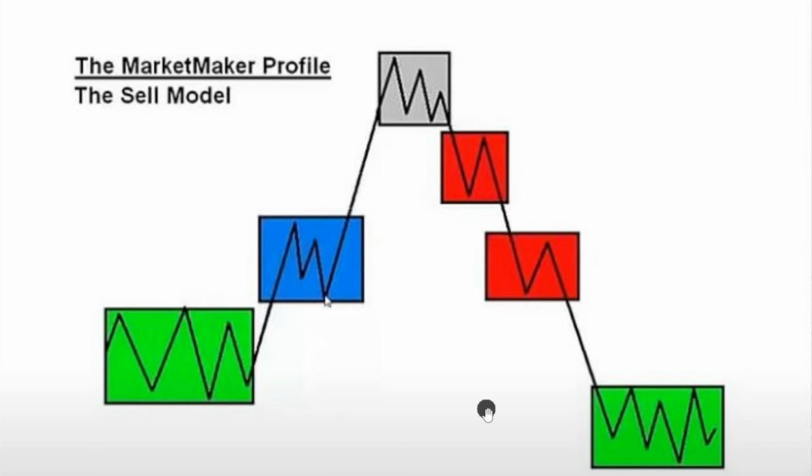Well, let's look at it purely from a liquidity perspective. The market has been trading up like this. What do you think retail believes the next move of the marketplace is likely to be? Retail believes that the market is going to continue to move higher.